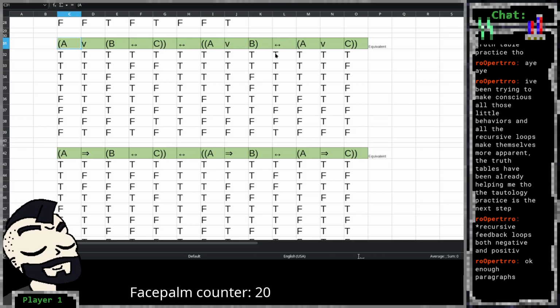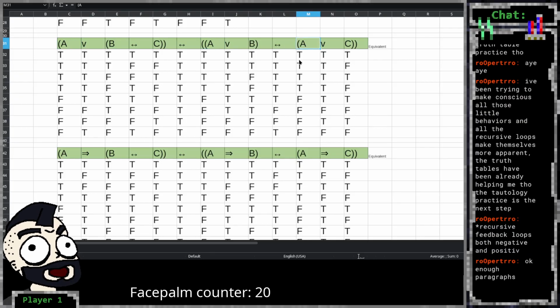Either A is true, in which case this is true, therefore this is true, or B and C together, in which case if B is true, then C will be true as well, B is false, C will be false as well. If this is equivalent to this.